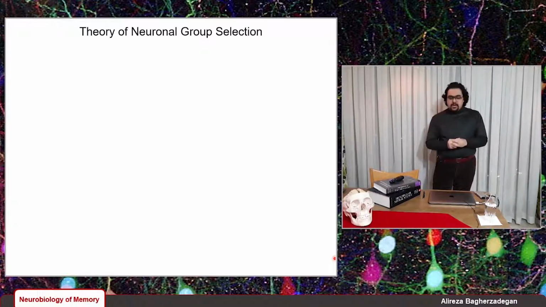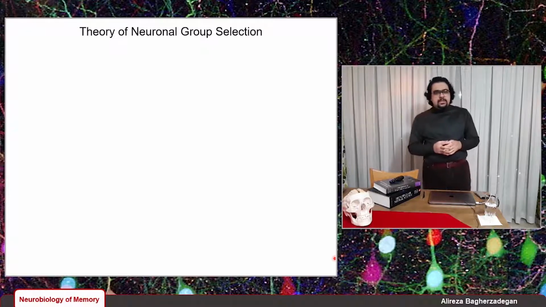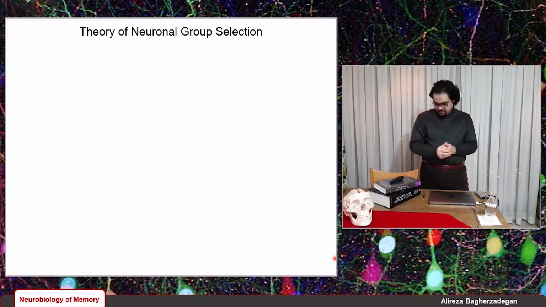Well, Professor Gerald Edelman was a biologist who won the Nobel Prize in Physiology or Medicine for discovering the structure of antibodies. But later in his life, he contributed a lot to neuroscience by several different theories and ideas, and one of those theories is the theory of neural Darwinism.